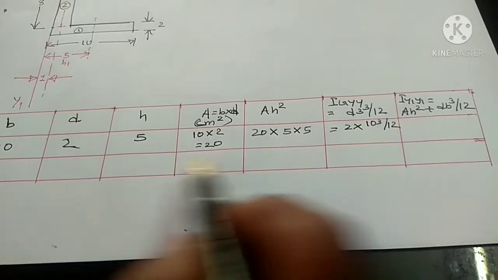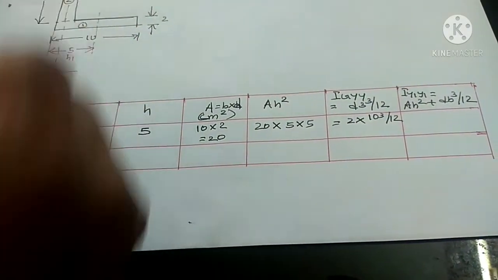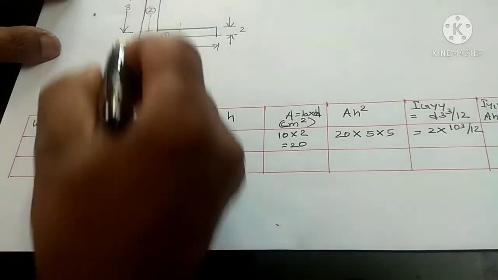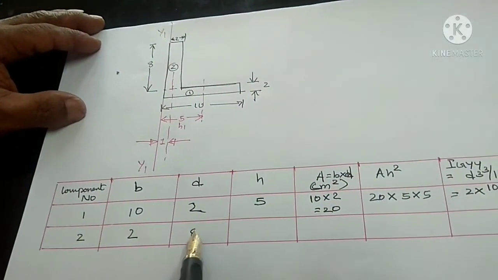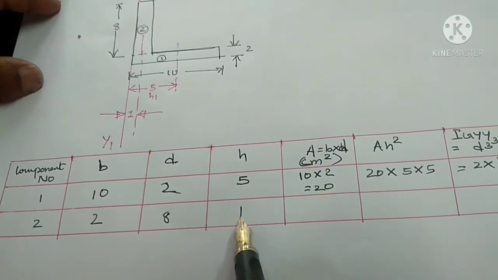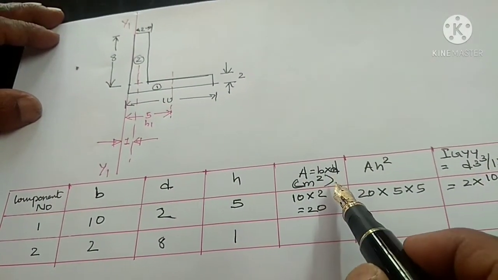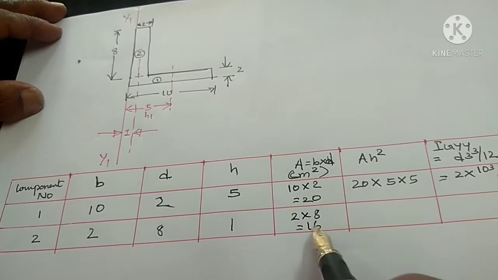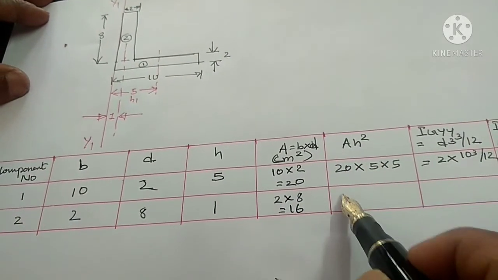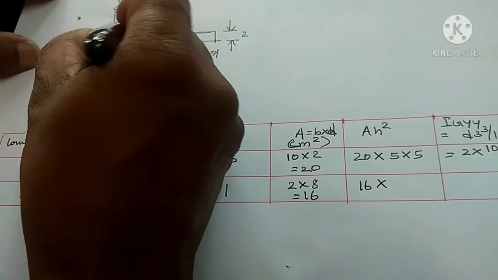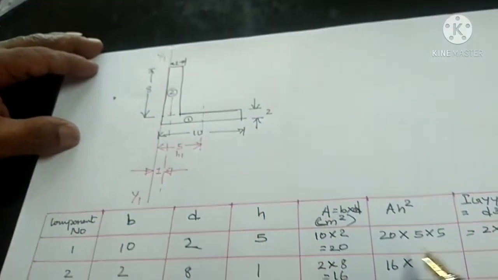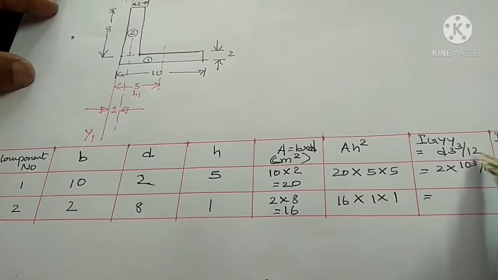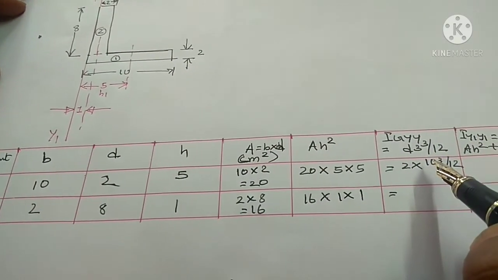And for the second component we have B equal to 2 and D equal to 8 and H equal to 1, and A is equal to B into D, that is 2 into 8, which is equal to 16, and AH square, that is 16 into, what is the value of H? Here it is 1, that is 1 into 1. And regarding this one, this is DB cube by 12.